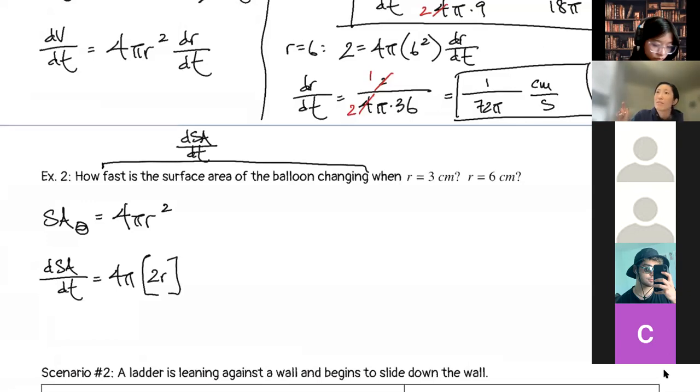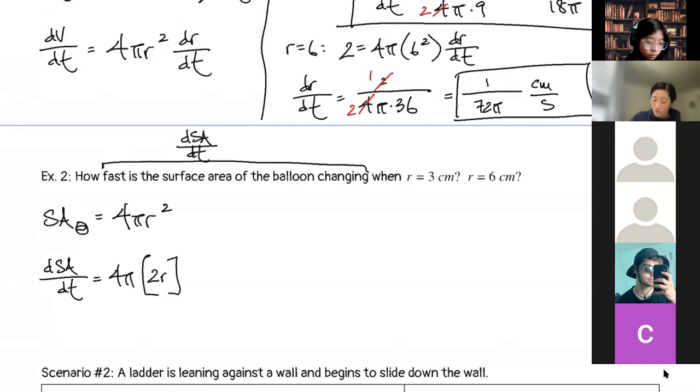Now this would be not good enough. Okay, and I call it not good enough because we're missing the concept of what we're doing here, which is that everything is changing as compared to time. The way this is right now, this is saying, how's the radius changing as the surface area changes?